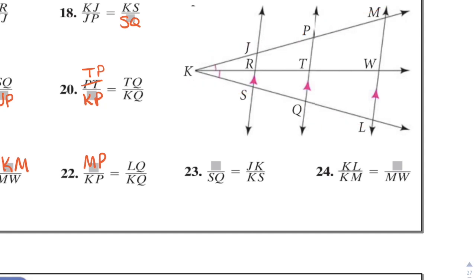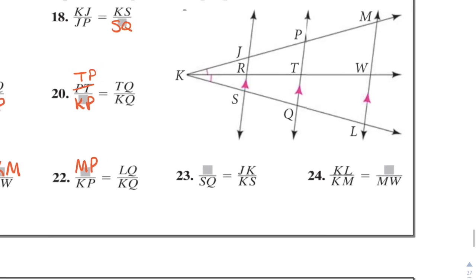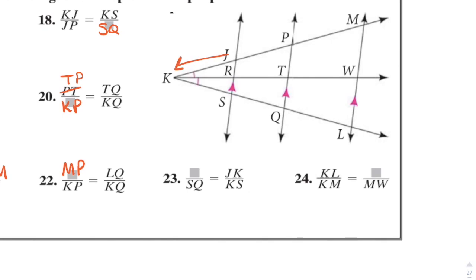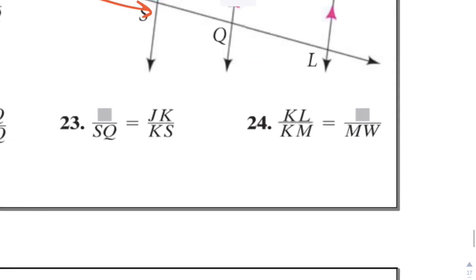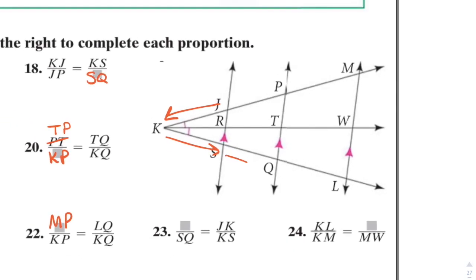All right, we have JK and KS. JK, JK, and we have KS. And we're also given SQ as one option. I'm not sure what's going on here.